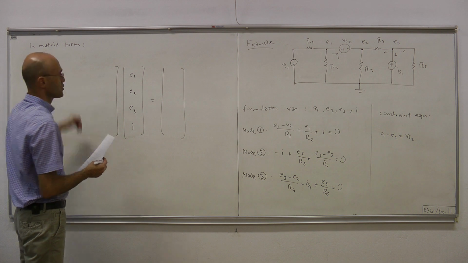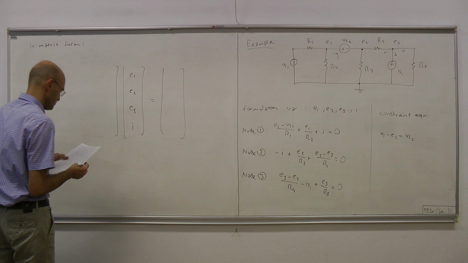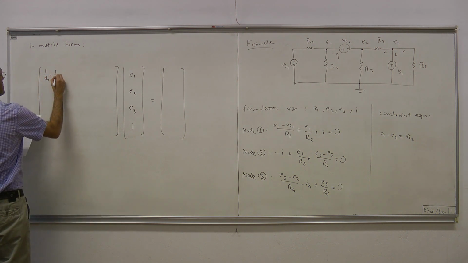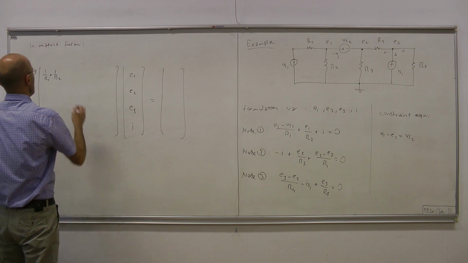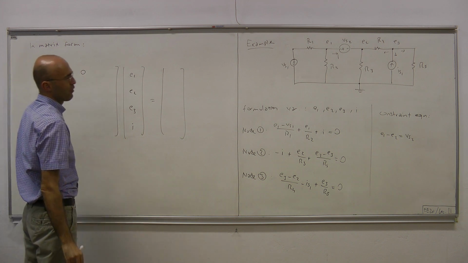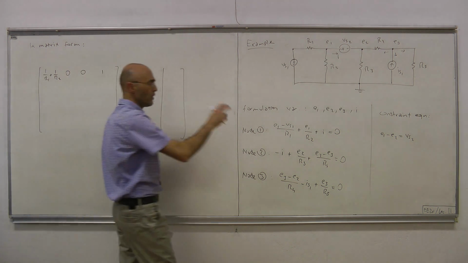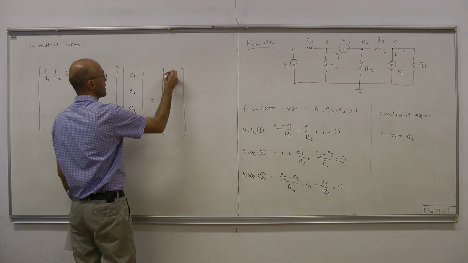For the first row, let's look at the first equation. For E1 we have 1 over R1 plus 1 over R2. For E2 we have nothing. For E3 we have nothing. For I we have 1. And we throw what remains to the other side, and what remains is ES1 over R1.